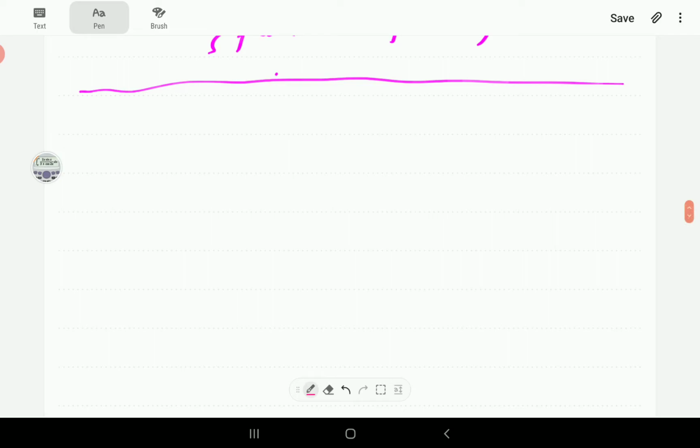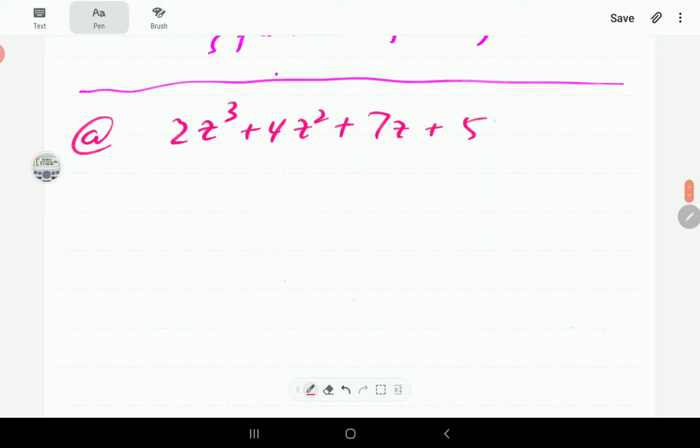So let's start with a: 2z cubed plus 4z squared plus 7z plus 5 equals 0. The constant in this case is 5, and the factors of 5 are plus or minus 1 and plus or minus 5.